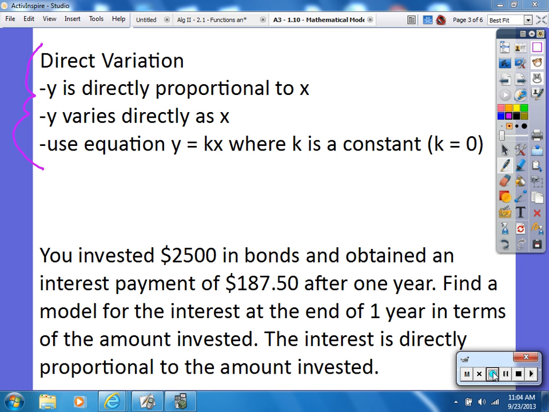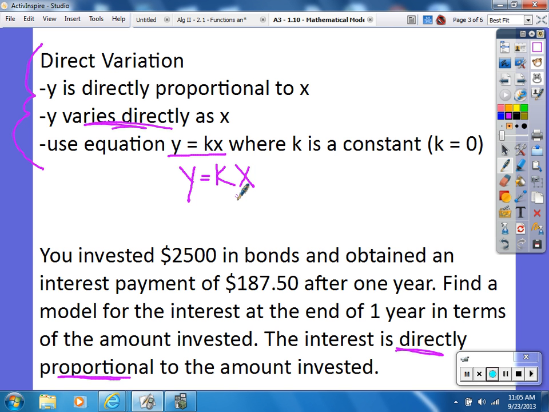Either they can give us the word directly proportional, or they can give me the word varies directly. Either way, when you see those two words, you should immediately write down this equation. Y equals KX. Okay? So that's the equation if it varies directly or varies proportional.